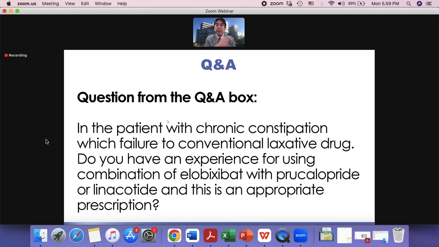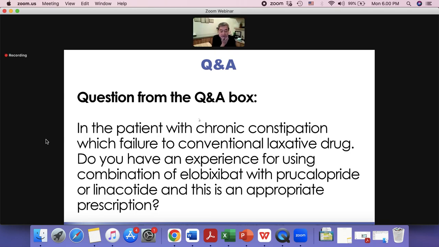If the patient taking Elobixibat is not getting enough treatment effect, the physician adds the osmotic laxative. It's a good combination. But the combination of Elobixibat and a stimulant laxative is no good because the effect is very strong. Thank you for your question.